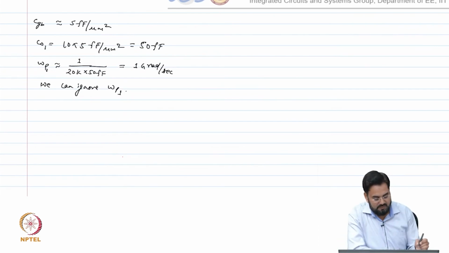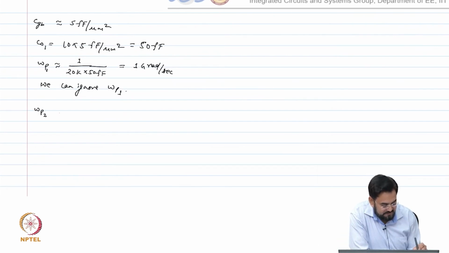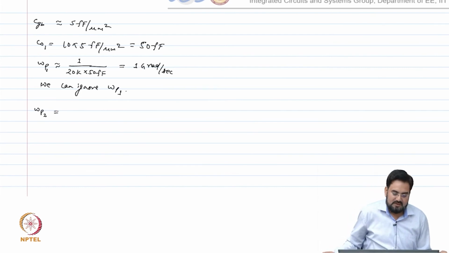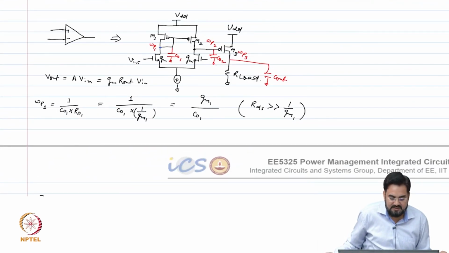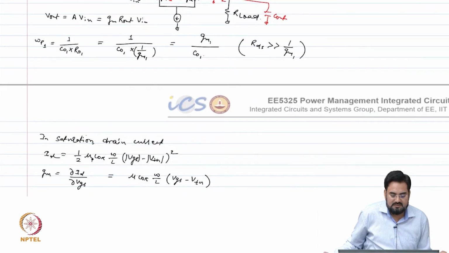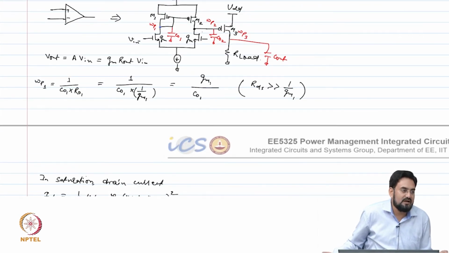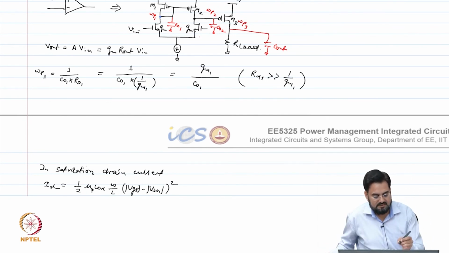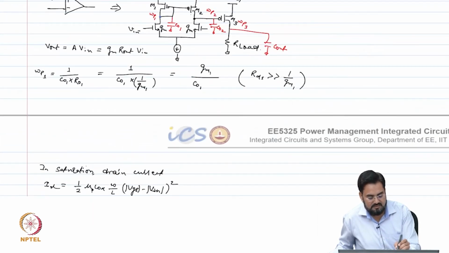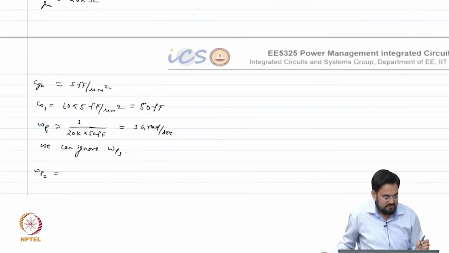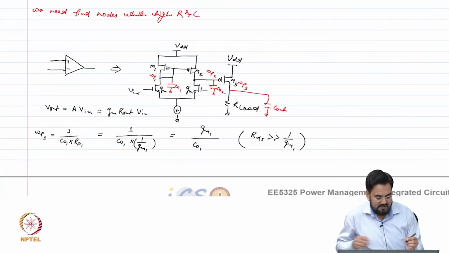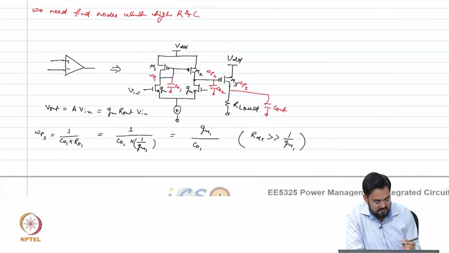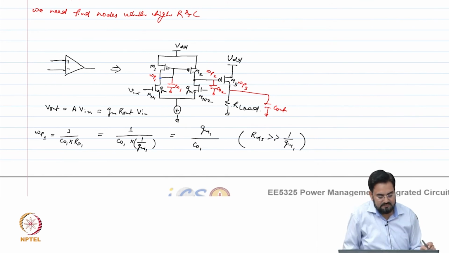Now, let us look at the second pole, omega P2. So, there is no gm term here, only R out. So, we cannot ignore R out now. So, 2 R out in parallel. If I call it Mn1, Mn2.